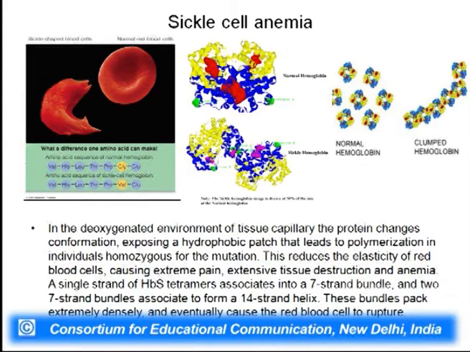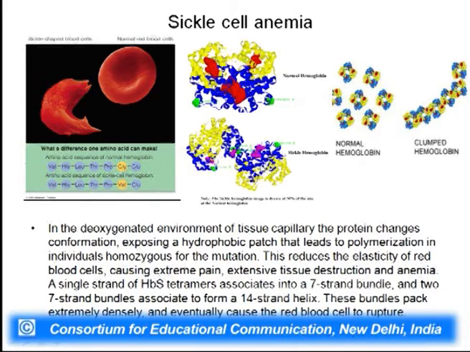The sickle cell hemoglobin has a tendency, upon oxidative stress, when there is a deoxygenated environment, lack of oxygen in the tissues, what will happen? It will cause clumping of the hemoglobin, and this will cause exposing of the hydrophobic patches. See the yellow patches getting exposed, and these lead to the polymerization of the sickle cell hemoglobin.